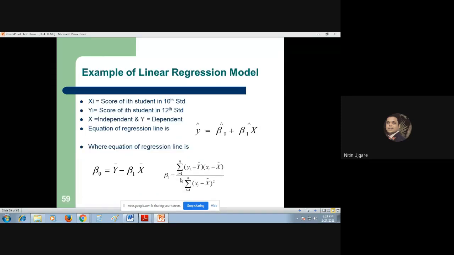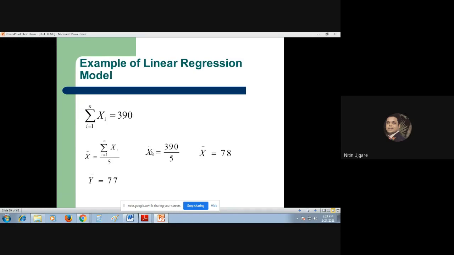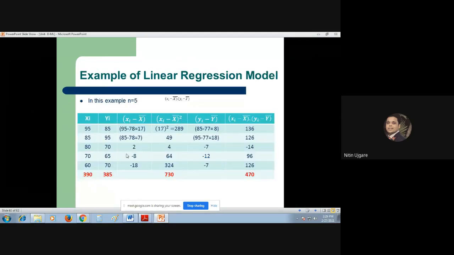सबसे पहले हमें क्या कैलकुलेट करना है? बीटा 1 कैलकुलेट करना है. To know beta 1, the denominator part of beta 1 is represented here: summation of (xi minus x bar) squared, i equals 1 to n. तो ये कैलकुलेट करने के लिए सबसे पहले हमने क्या किया? हमने सबसे पहले सेंट्रॉइड कैलकुलेट किए. उसके बाद एक टेबल प्रिपेयर किया. ये टेबल में x की वैल्यूज ली, y की वैल्यूज ली पांचों स्टूडेंट्स के लिए.